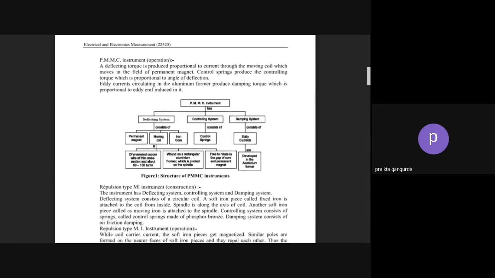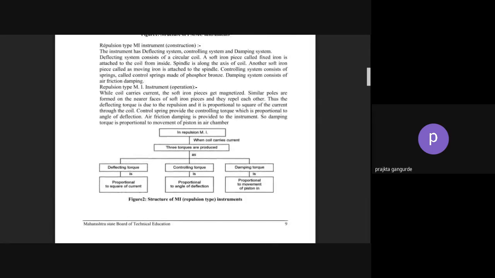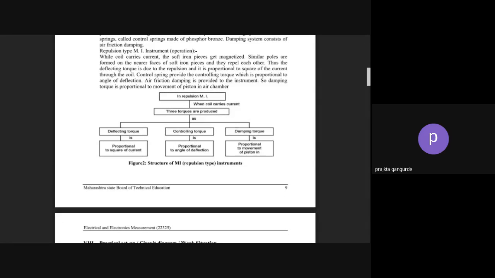Then the second instrument is the MI instrument, that means the moving iron instrument. There are basically two types: attraction type moving iron instrument and repulsion type moving iron instrument. When the coil of this moving iron instrument carries a current, then three torques are produced. First one is the deflecting torque, second one is the controlling torque, and third one is the damping torque, similar to your PMMC.